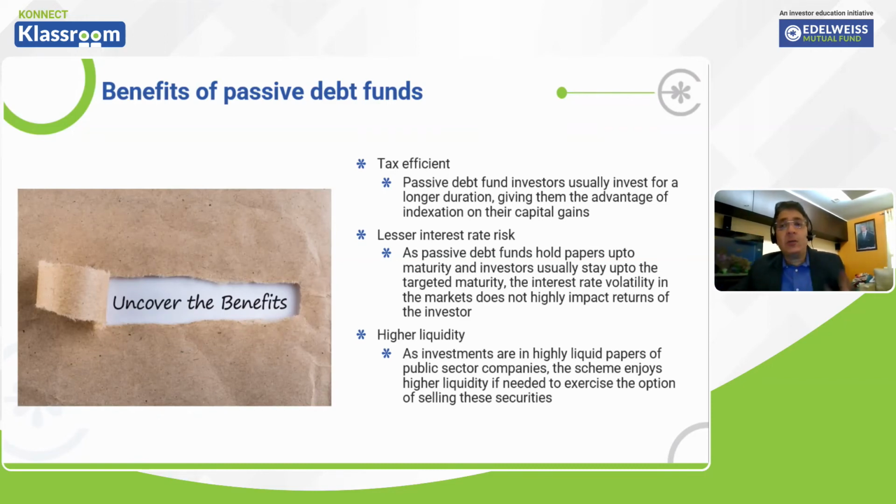To manage interest rate risks and enjoy a higher degree of predictability and safety of my capital and predictability of returns, by investing into schemes holding bonds or papers up to maturity, investment options available to me under the passive debt fund umbrella are debt index funds, fixed maturity plans, and target maturity plans.